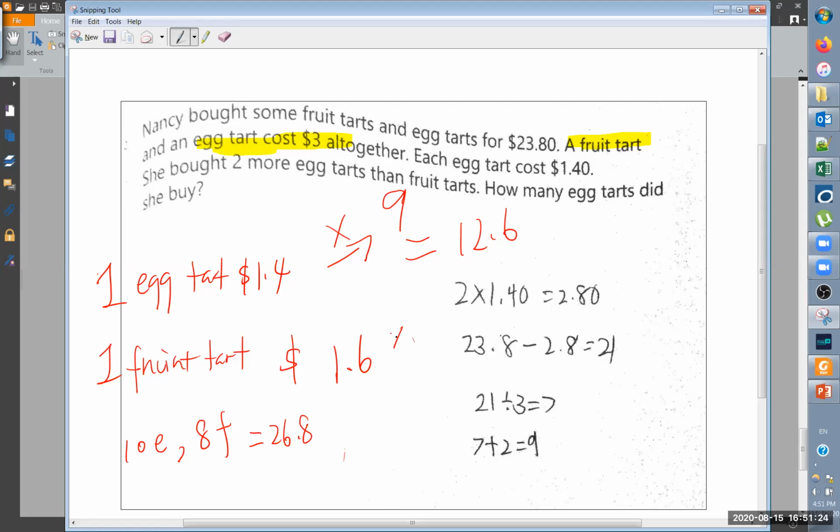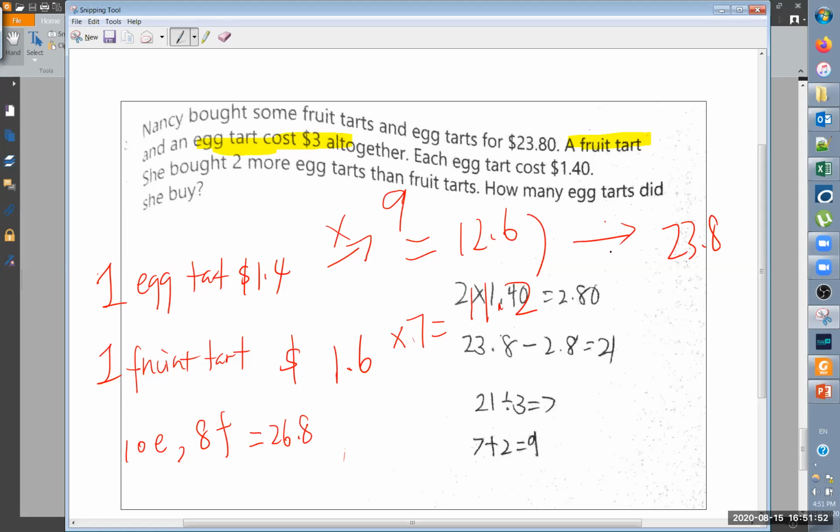So times 7, what do you get? $11.20. Now how much do you pay in total? $23.80. Does it make sense? Good. So that's how you test. So this is the answer.